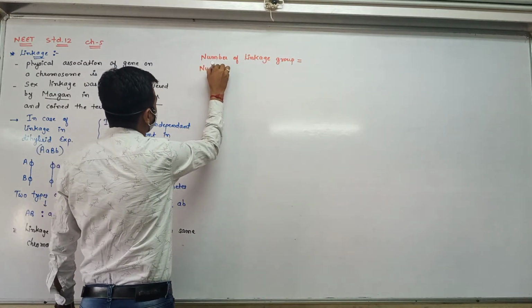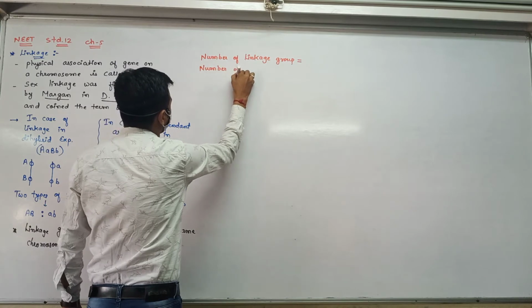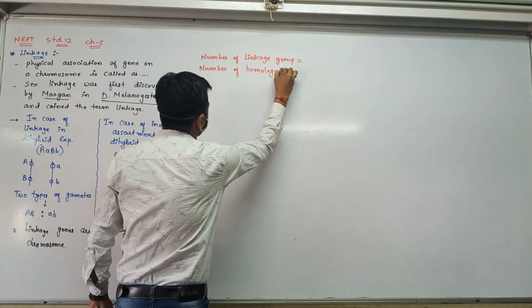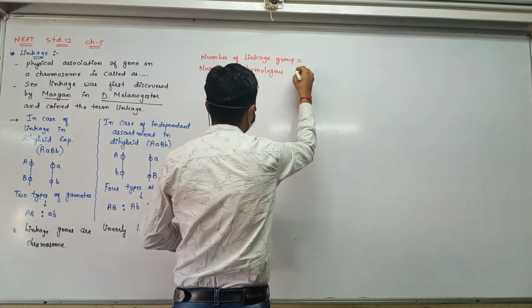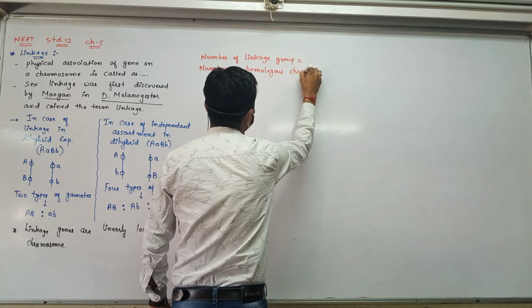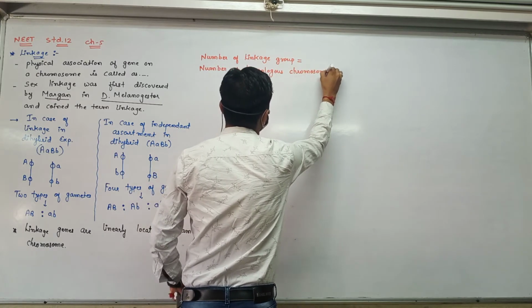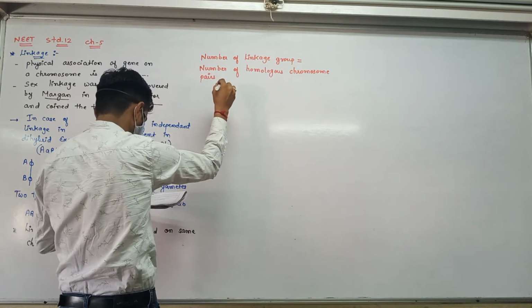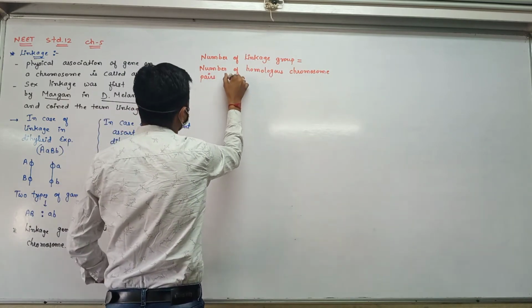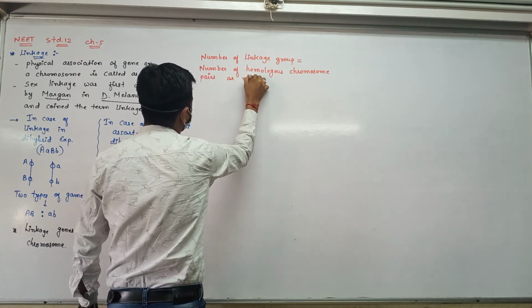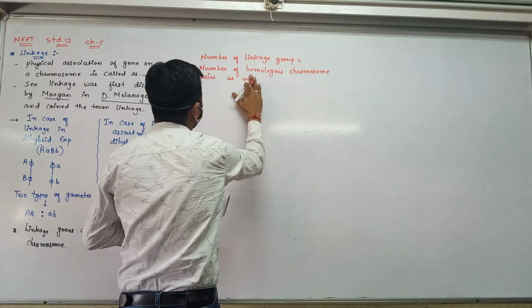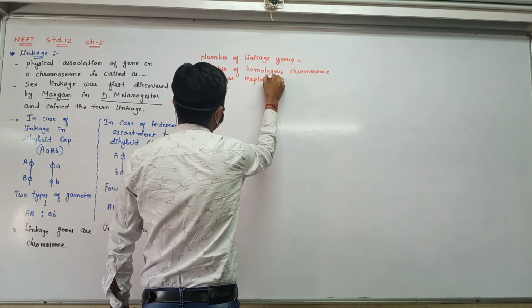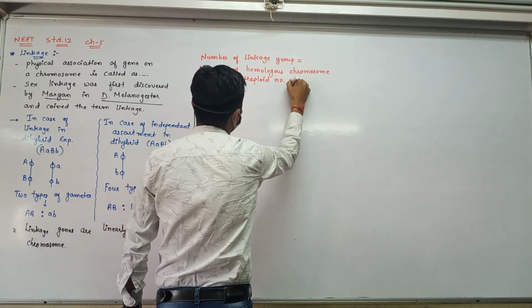Number of homologous chromosome pairs, or we say that number of haploid number of chromosomes.